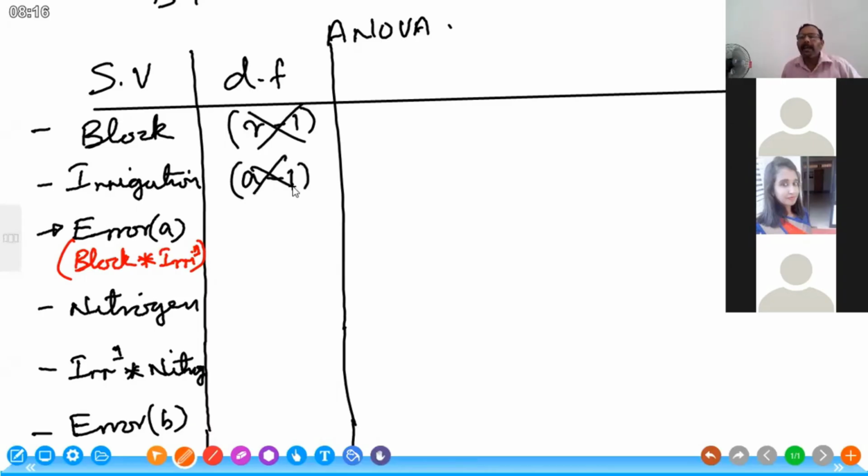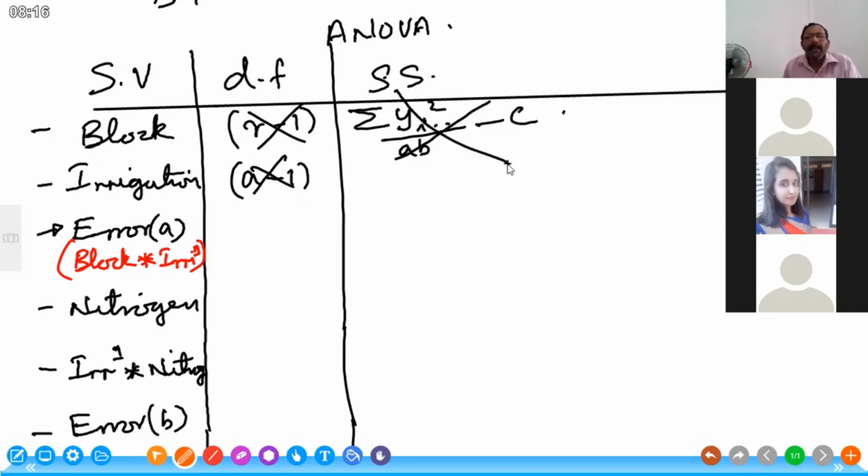Because I have given an example now. I know these formulas. You don't need to specify the formula to me. And also sometimes people are writing sums of squares, summation yi dot square divided by ab minus c. I don't want these formulas. I want the answers.